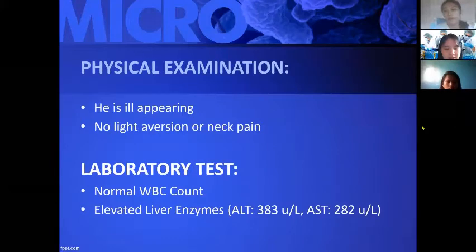For the laboratory test, it was determined that he has a normal WBC count, which does not exceed the normal range. But he has elevated liver enzymes, in which his alanine aminotransferase is 383 units per liter and the aspartate aminotransferase is 282 units per liter, which is above normal.